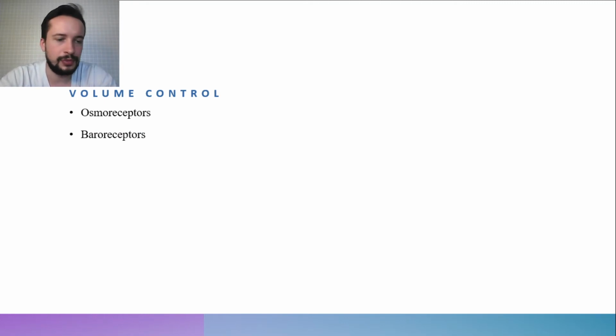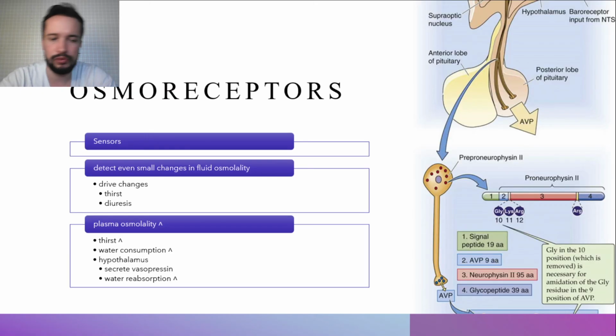Volume control. Volume changes are sensed by both osmoreceptors and baroreceptors. Osmoreceptors are specialized sensors that detect even small changes in fluid osmolality and drive changes in thirst and diuresis through the kidneys.